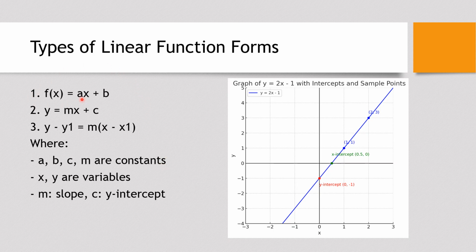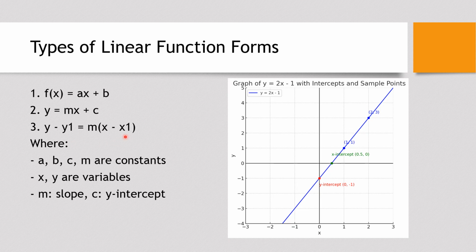So look at a, b, m, c in this particular expression. They are known as the constants. Then the x, y are the variables. M is the slope. C is the y-intercept. So let's look at number 3 here. We have x1 and y1.